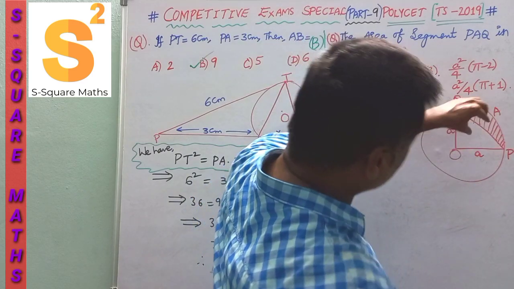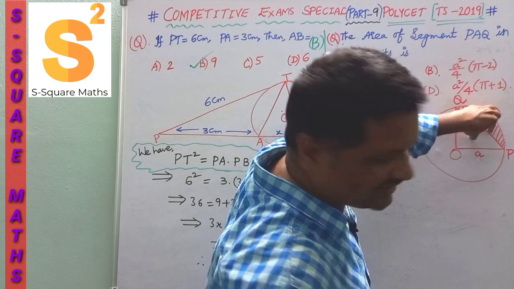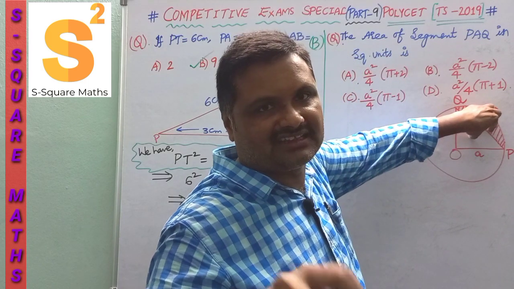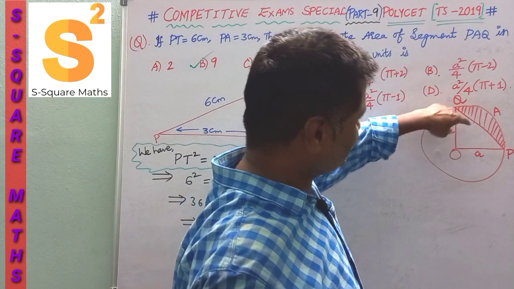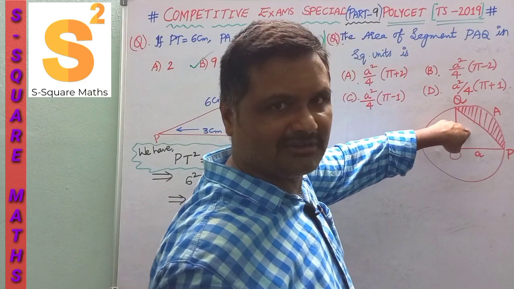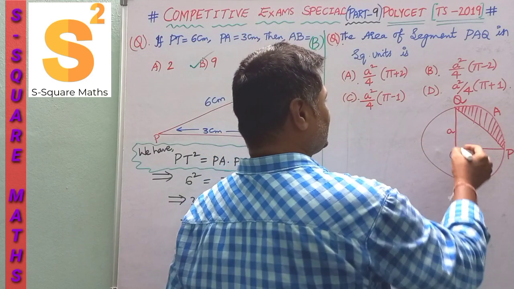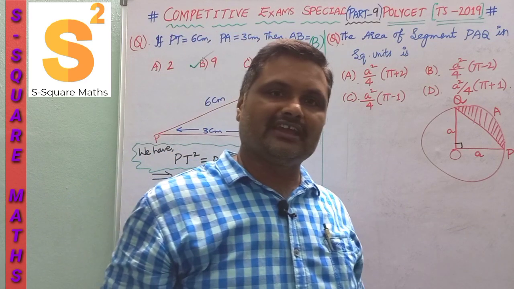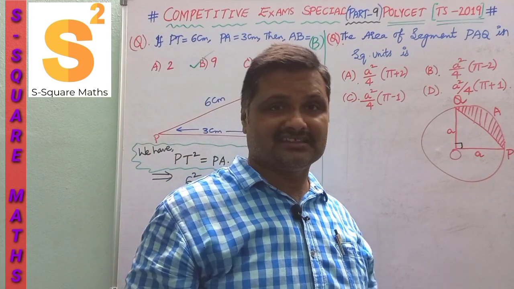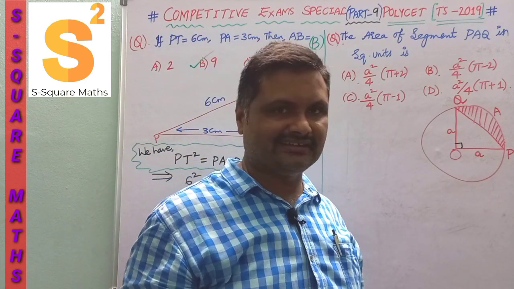This part is a quarter of the circle, a sector of a circle, and this is our triangle, a right angle triangle. Since it is a sector, here it is 90 degrees, a quadrant of a circle.